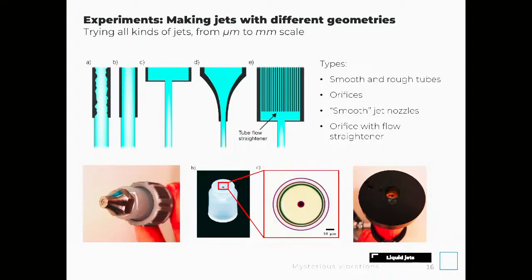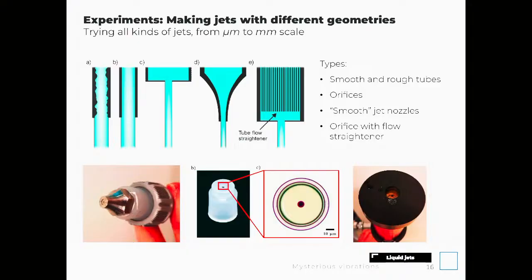I bought a very expensive set of German nozzles called smooth jet nozzles, and so it has a tapered entrance that would really lead to smooth jets. We made a flow rectifier from YouTube that actually does give very nice and stable jets.